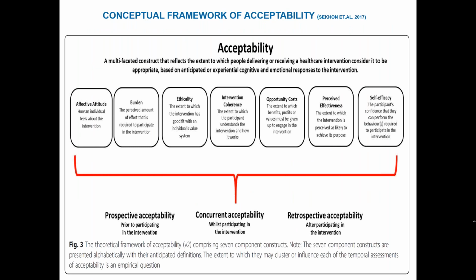And before you start your review, you might want to look at something like this and say, okay, I think my review is going to be interested in all of those things. Or if you look at the bottom, there are three different aspects of acceptability. You might say, well, actually, I'm not interested in prospective acceptability. I only want to know about people who've actually experienced an intervention, and not about people who are perhaps involved in formative research.